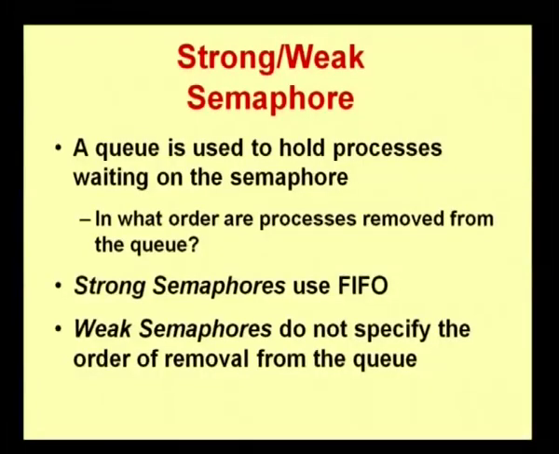When you have a semaphore, it is useful to say when this process completes with the resource and when that resource is left free. The semaphore is of two types: one is called a strong semaphore, the other is called a weak semaphore.